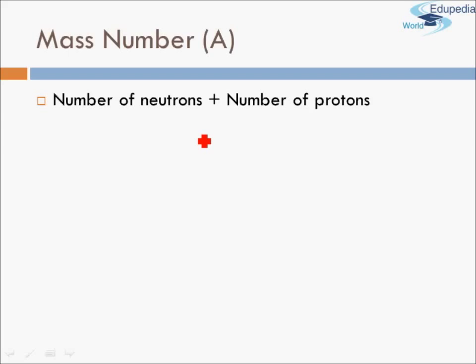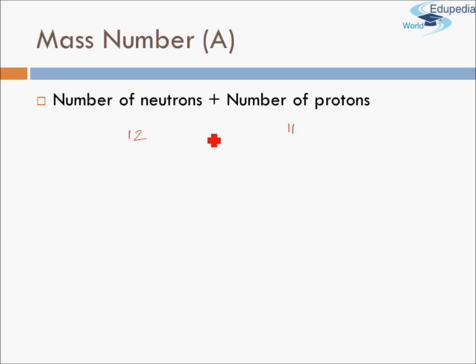Okay, so mass number is number of neutrons plus number of protons present inside an atom, or again inside a nucleus. Alright, for example, let's take sodium atom again. So a sodium atom has 11 protons with it, alright, and 12 neutrons with it.